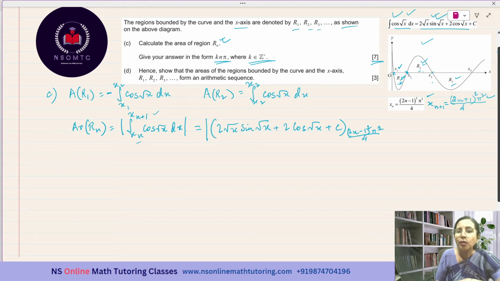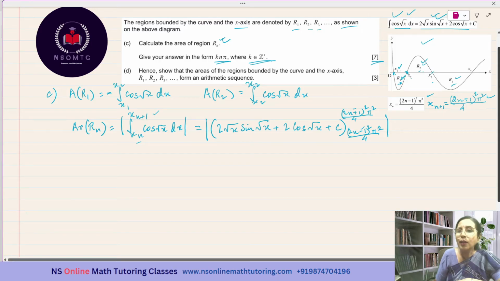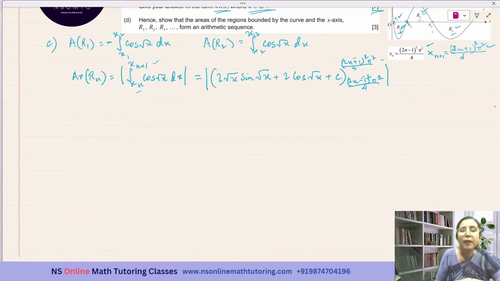And this is (2n plus 1) whole square pi square over 4. This is 2n minus 1 and this is 2n plus 1. That is the only difference. Okay. And there is this absolute value closing part. Okay. So this is this. And then we can just substitute the x values.